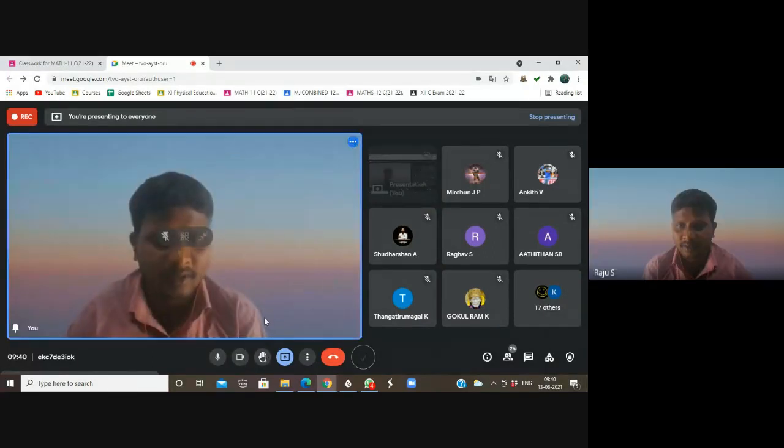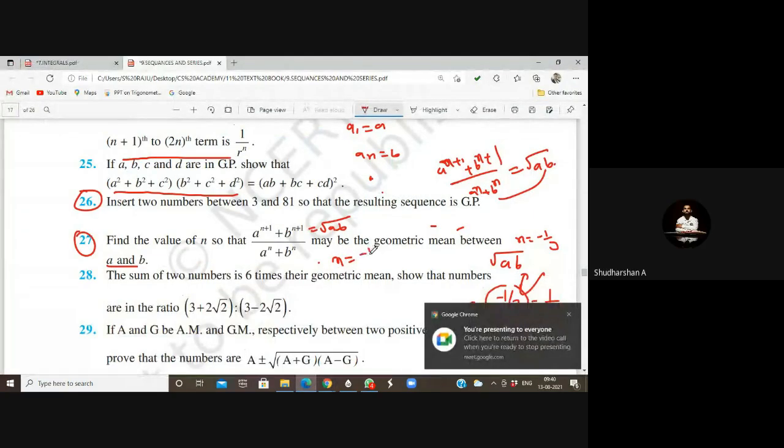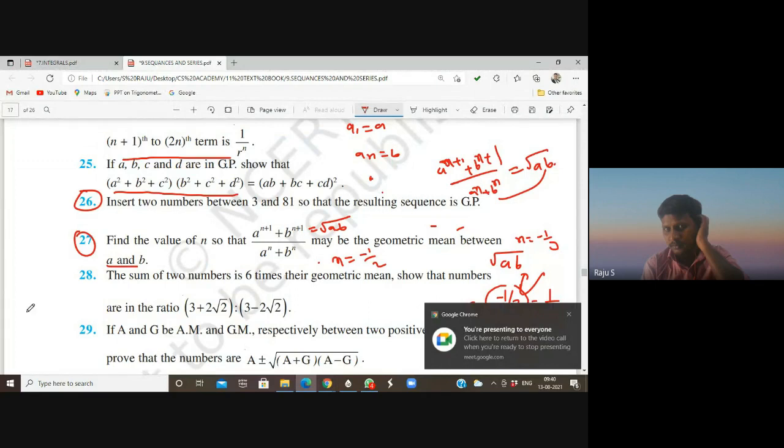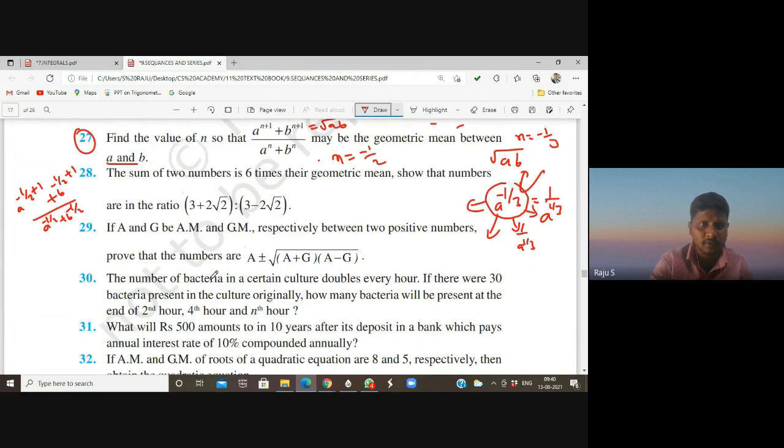Okay, students. What is the n value? Minus 1 by 2, right? Minus 1 by 2. Okay, I'll check it once. a power minus 1 by 2 plus 1 plus b power minus 1 by 2 plus 1, divided by a power minus 1 by 2 plus b power minus 1 by 2. So the numerator is a power 1 by 2 plus b power 1 by 2, and the denominator is 1 by a power 1 by 2 plus 1 by b power 1 by 2.